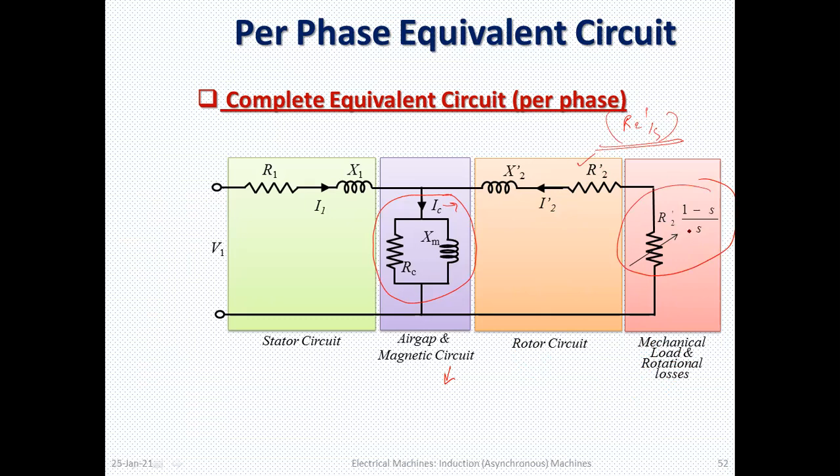We have to derive some mathematical relation that will be equal to this value. So this value is called mechanical load or rotational losses. In the next part we will discuss more detail about the circuit analysis, and we will see how power can be calculated.